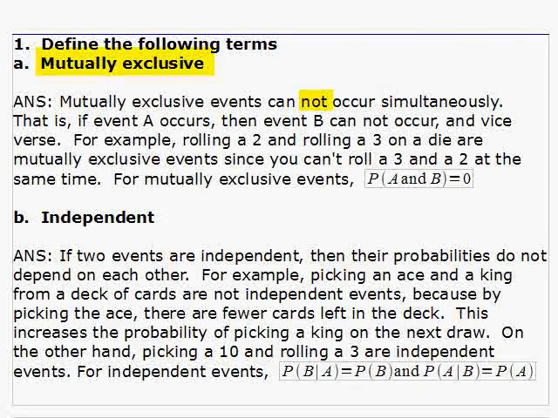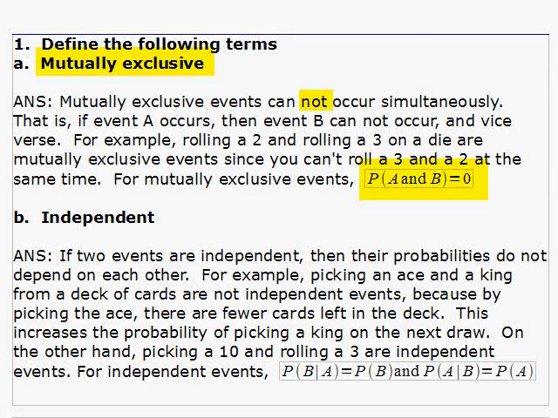If I'm rolling a 6-sided die, I can come up with a 1 or a 6, but I can't roll both a 1 and a 6 at the same time. Those are mutually exclusive. If you have one, you don't have the other. And for mutually exclusive events, the probability of A and B occurring simultaneously is 0, because it's not possible.